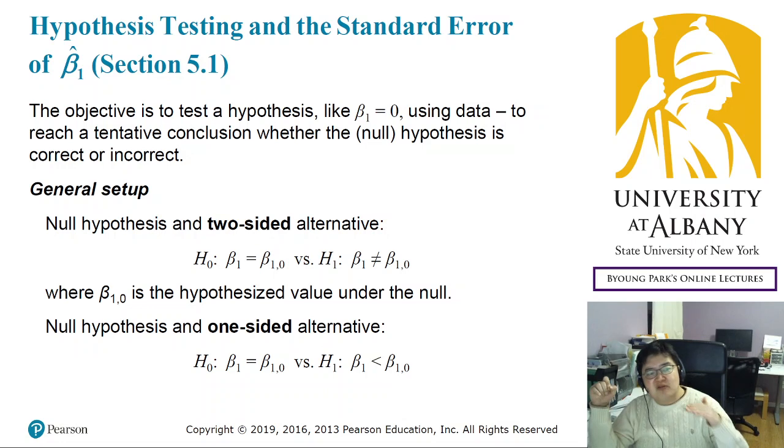When the student-to-teacher ratio increases, it will be worse off. There is no reason for the test score to increase. So even if I believe that beta 1 equals 0, still I think positive beta 1 is never possible. So then I may write it this way.